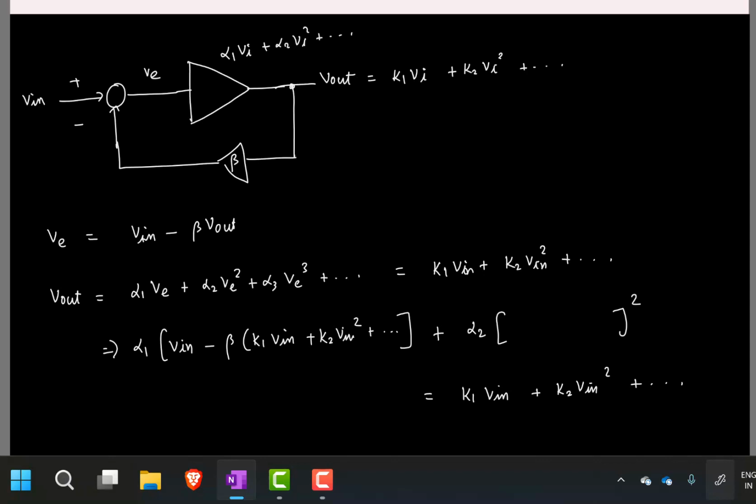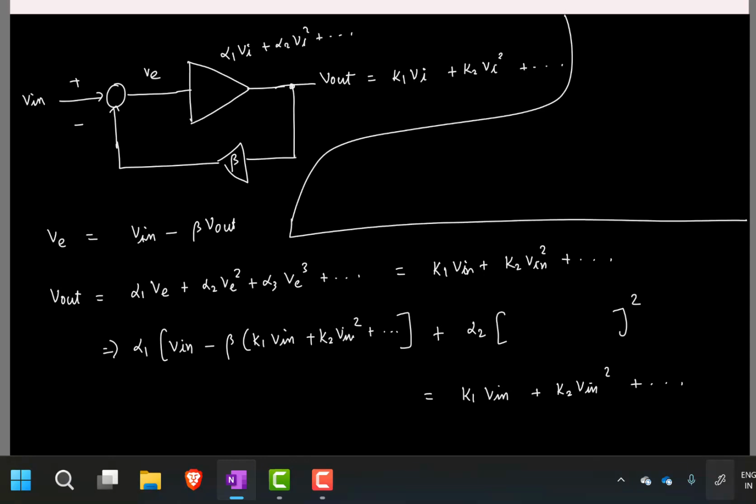Orthogonal basis functions. See, in any polynomial space, x square, x cube are the basis functions, and they are orthogonal. So you can't, using linear combinations, get these guys, right? So that's why you can equate them. Anyways, so you equate this, and I'll leave that as an exercise for you, or you can use ChatGPT, whatever.